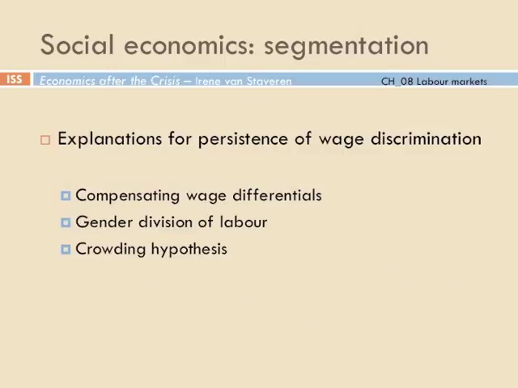Wage discrimination is explained in social economics through segmentation, either by a theory of compensating wage differentials, or by the dominant gender division of labor between men and women, or by the crowding hypothesis, leading some people to crowd in very few occupations, driving the wages down there.